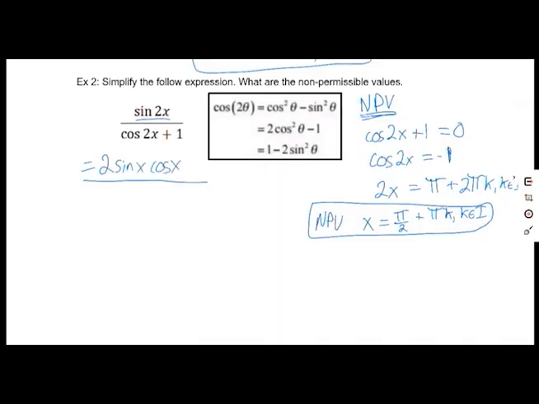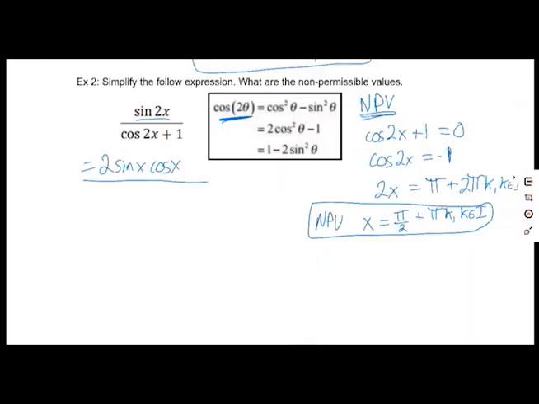But when it comes to the cosine of 2x, I have 3 choices in terms of what I'm going to do to simplify things. There's not ever really a right or a wrong answer, but sometimes it means we have to go through multiple steps to get things to simplify.